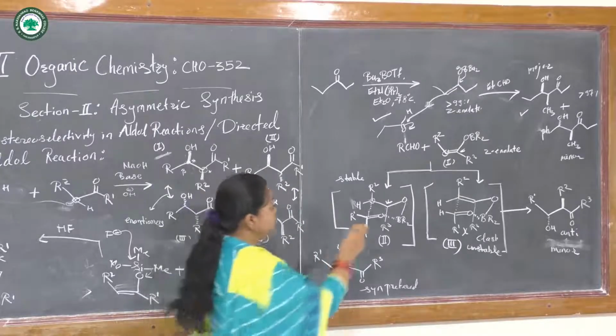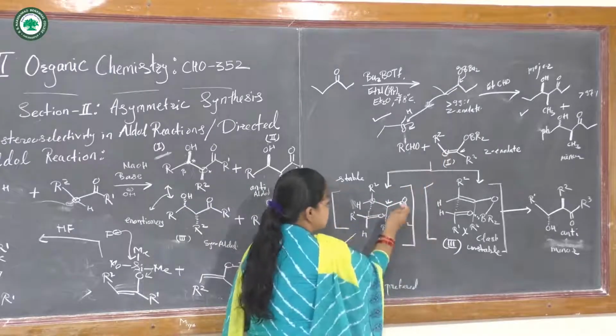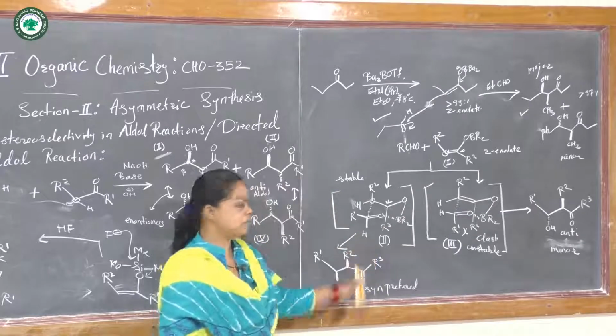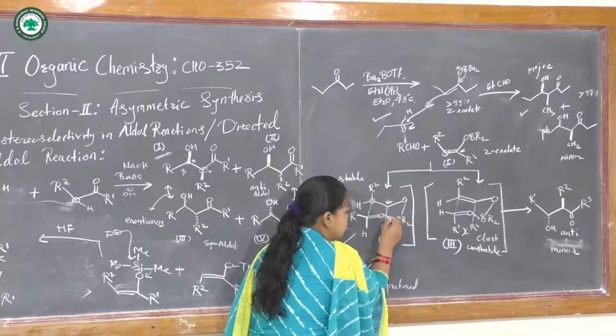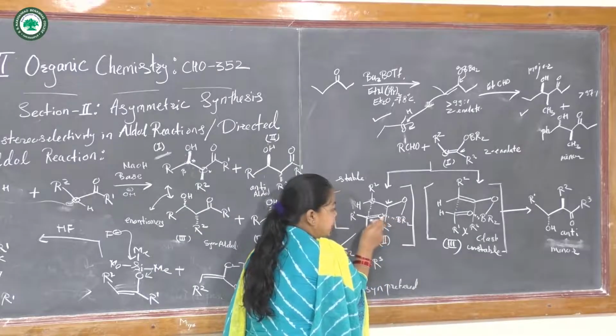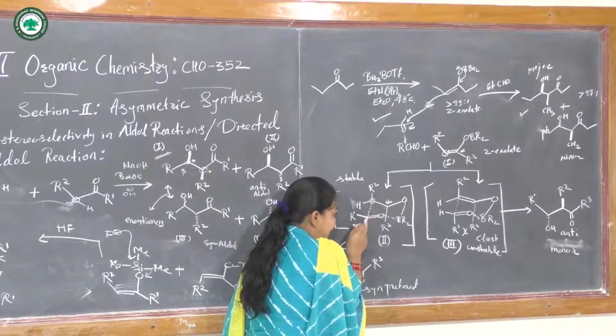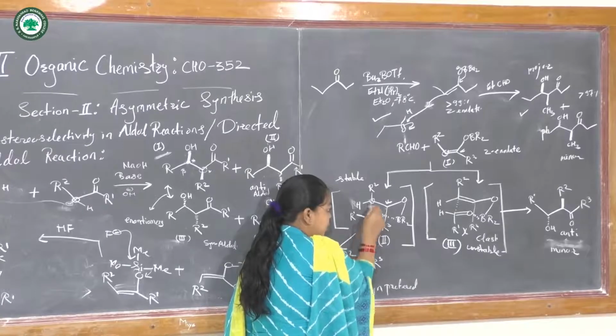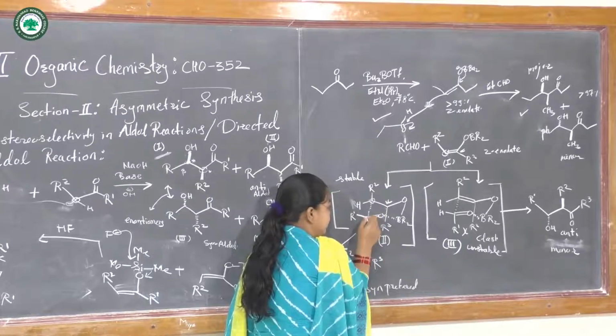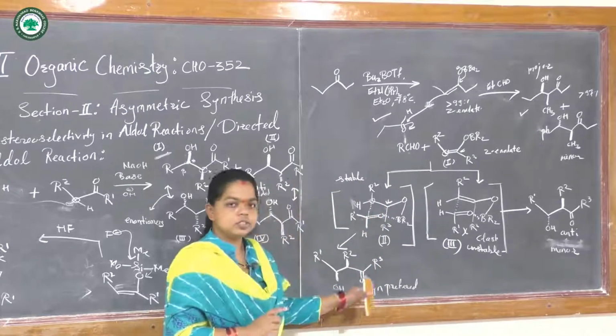As these two molecules approach each other, this stable chair-like conformation is formed. Boron is going to interact with the carbonyl group of the aldehyde, and this carbon is going to react with the carbonyl group to form the new bond. So this chair-like transition state is formed.